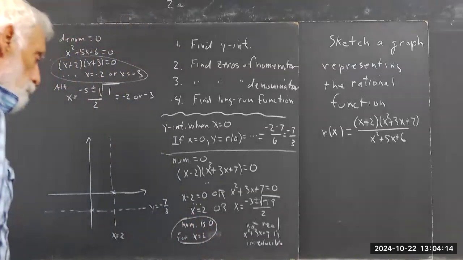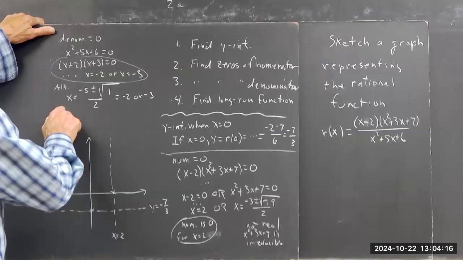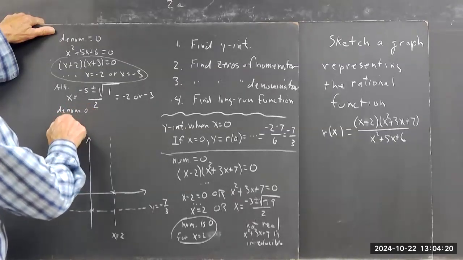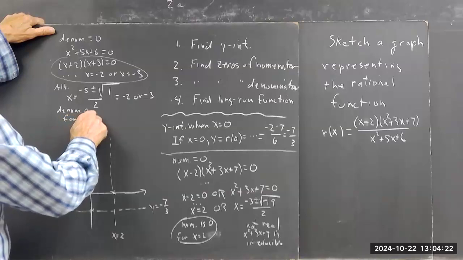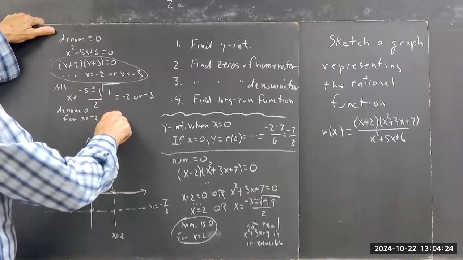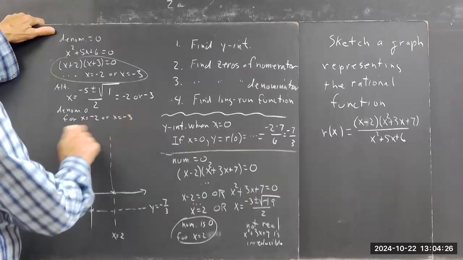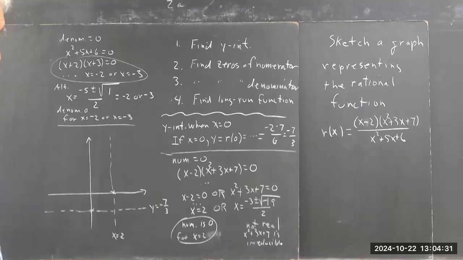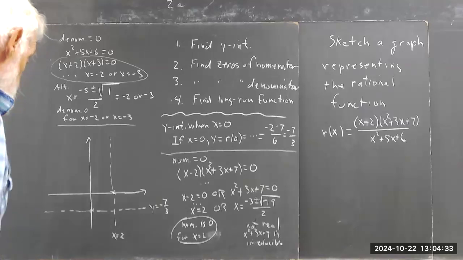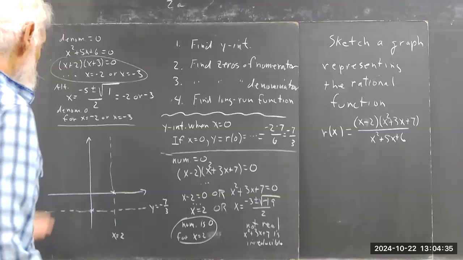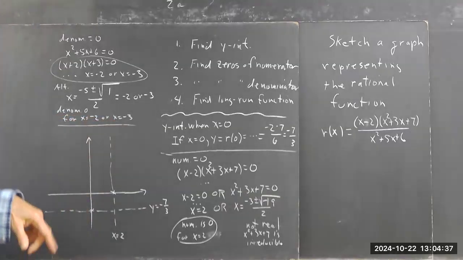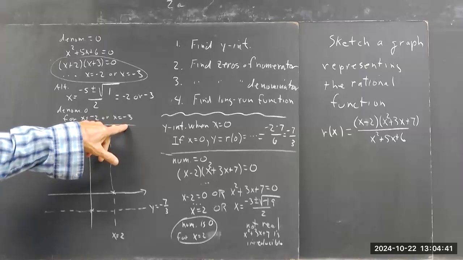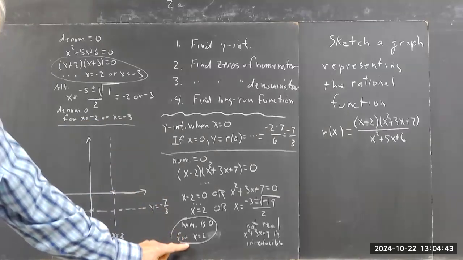Here the numerator is 0 for x equals 2. Denominator 0 for x equals -2 or x equals -3. Okay, so now what do we know? We know we have two vertical asymptotes because the denominator is 0 for these numbers and the numerator isn't.